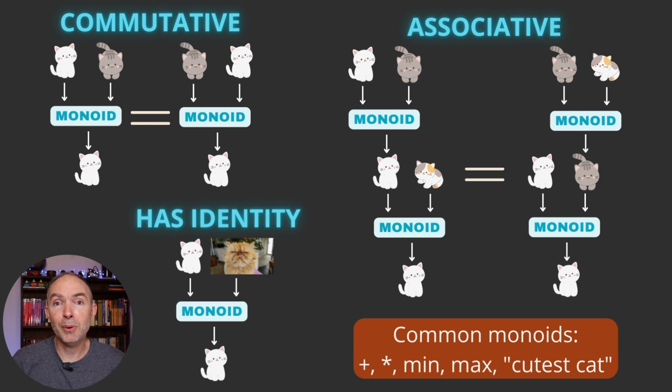For example, if cutest cat is our monoid, then ugly cat is our identity. Because every other cat in our domain, when compared to ugly cat, is cuter. These three properties, commutativity, associativity, and having an identity, enable GraphBLAS implementations to perform matrix multiplies and reductions very efficiently. Common monoids are plus, times, min, and max.